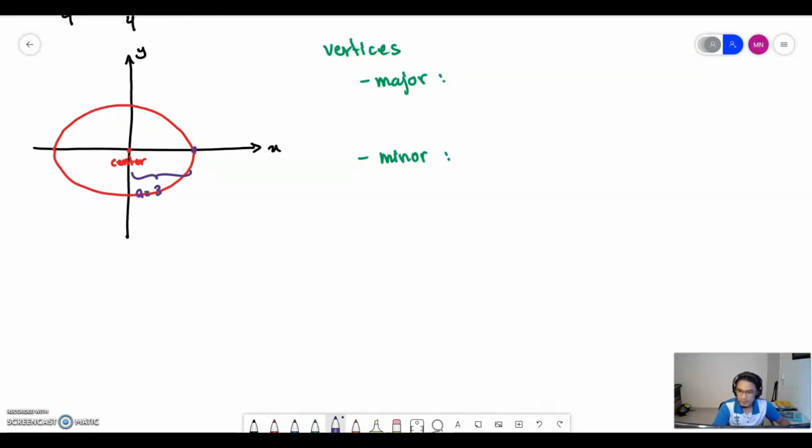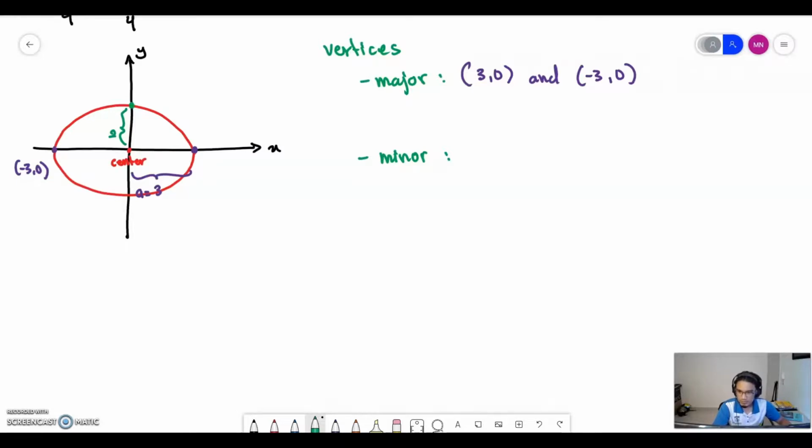So the position of the major vertex on the right of the ellipse will be 3, 0, and on the left side, it will be negative 3, 0. Then for minor vertices, the length of b is equal to 2.